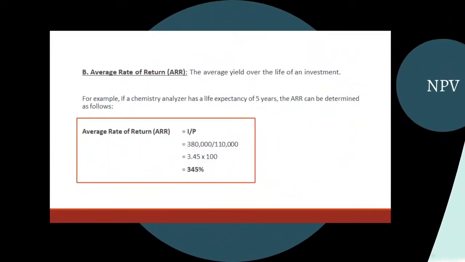While the ARR, or the average rate of return, is the average yield over the life of an investment. For example, if a chemistry analyzer has a life expectancy of 5 years, the ARR can be determined or solved as follows.